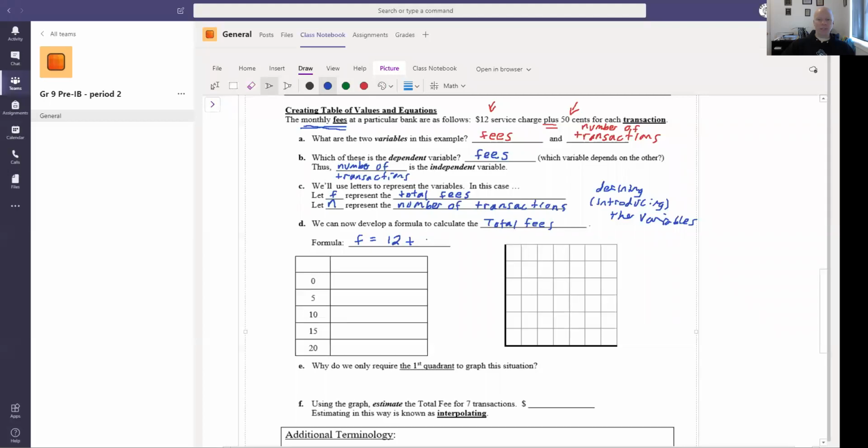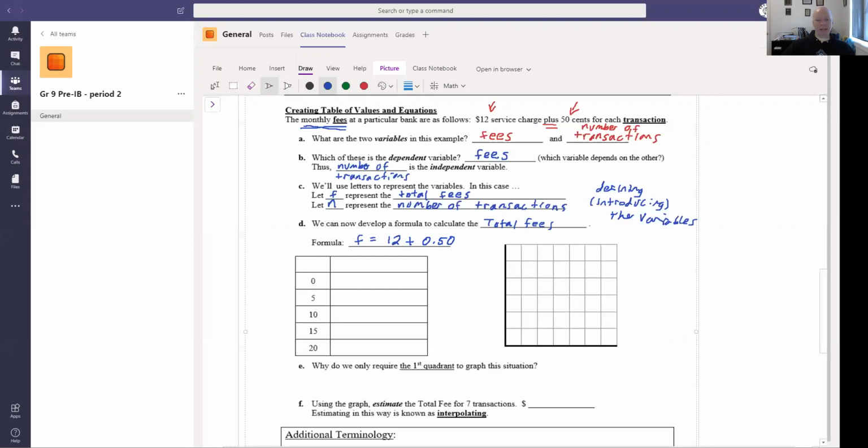I would be writing here plus 0.5. And I'll put the 0 here just to remind you that we're talking about money. And for each transaction, so it's 50 cents for each transaction, and the number of transactions is represented by n.